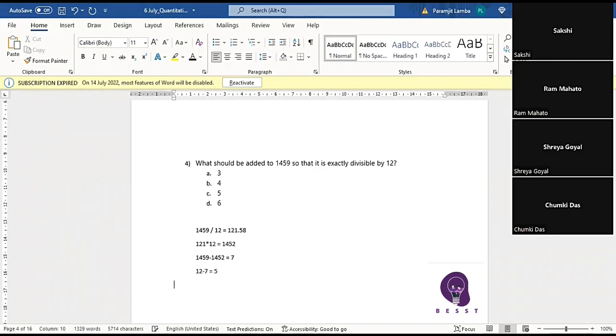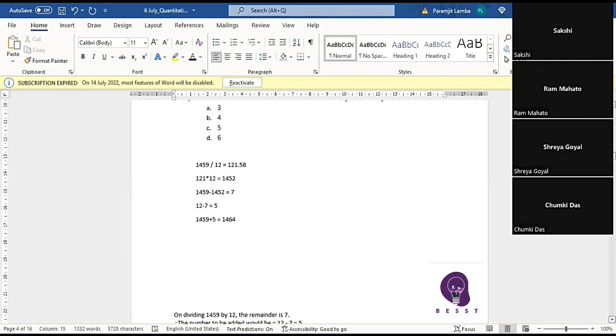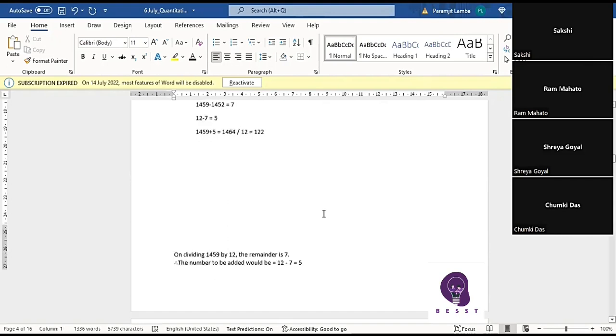Now we add this 5 to 1459. 1459 plus 5 is equal to the figure that was given by Abhijit, which is 1464. Now 1464 is exactly divisible by 12. How much is the answer? 122. Everyone got how it's calculated? Got the calculation? Okay.